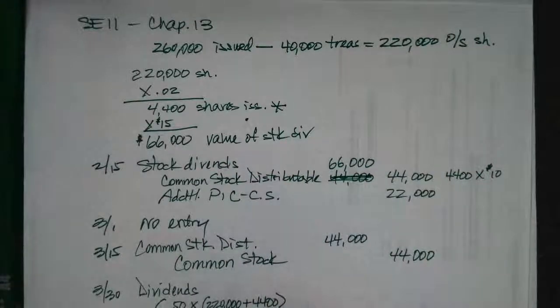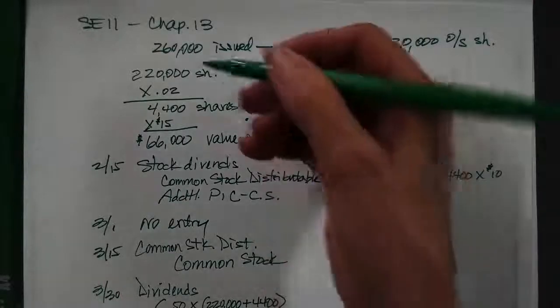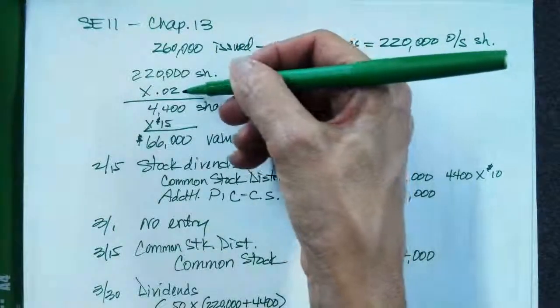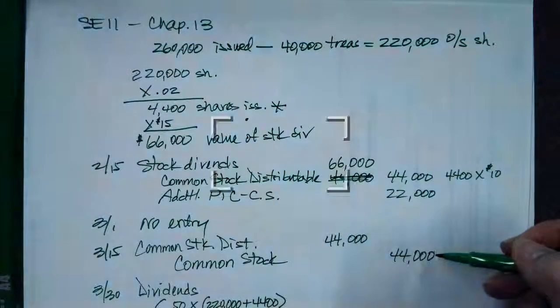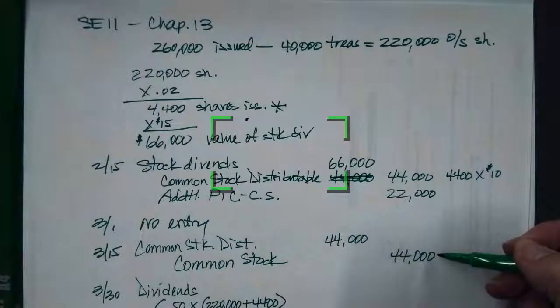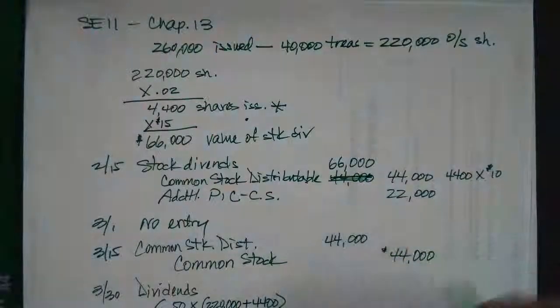Don't get confused and add in the dollars. 220,000 shares, 2% stock dividend, 4,400 shares. It worked out to be $44,000 of par value. These are dollars, but the 4,400 is the shares.